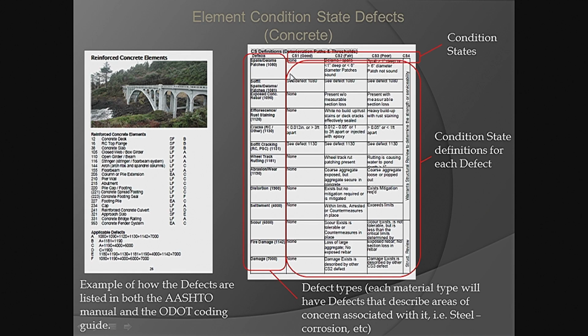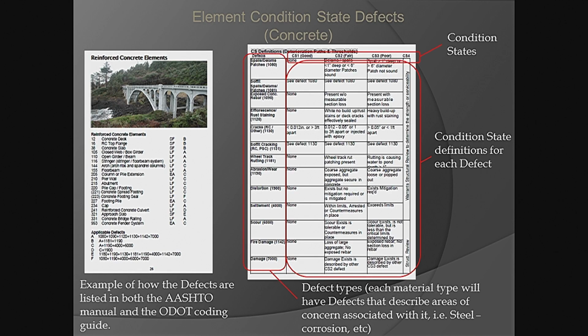Next to each of the defects, you'll see some description language. This is what the inspectors in the field are going to use to quantify and decide what condition that particular element is in. So if you were looking at cracking, cracks can have condition state 1, but they're really small, minute cracks, pretty much what we would just call a shrinkage crack.